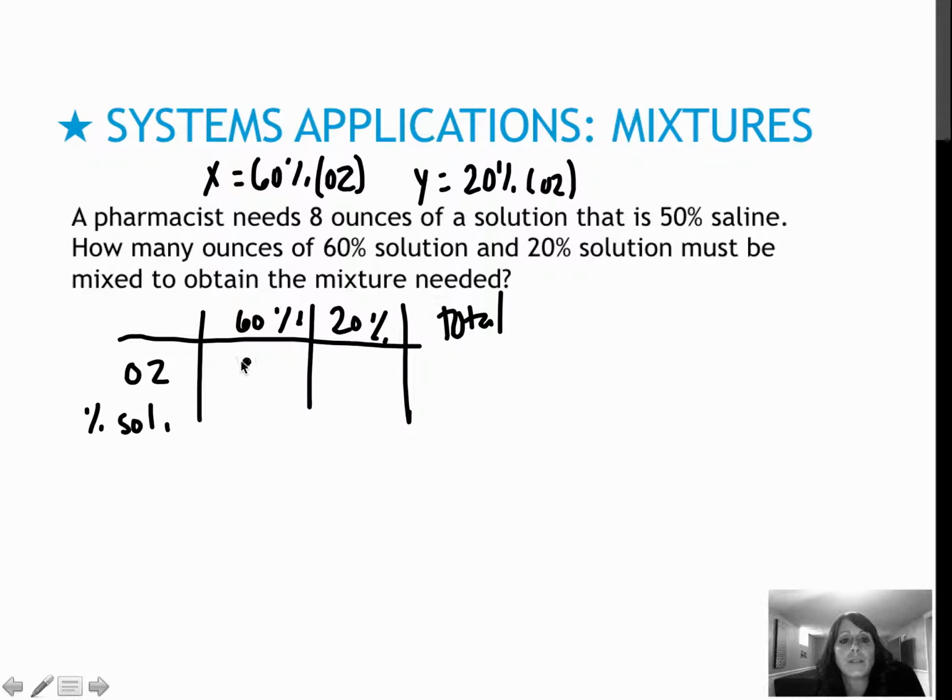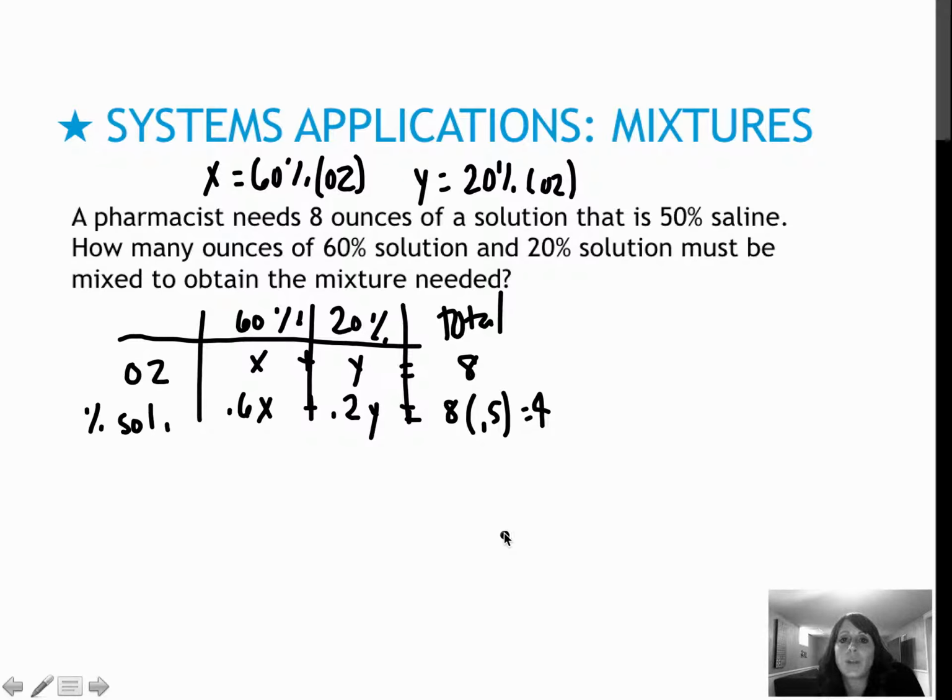So for ounces total, I would have X plus Y equals 8 ounces. And for the percent solution, that's 0.6 times X plus 0.2 times Y equals the solution of 8 times 0.5, or 4.